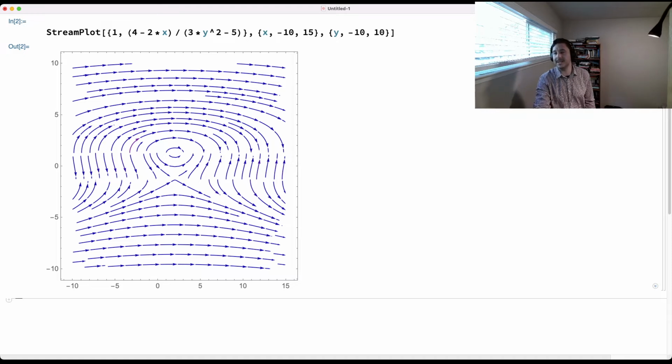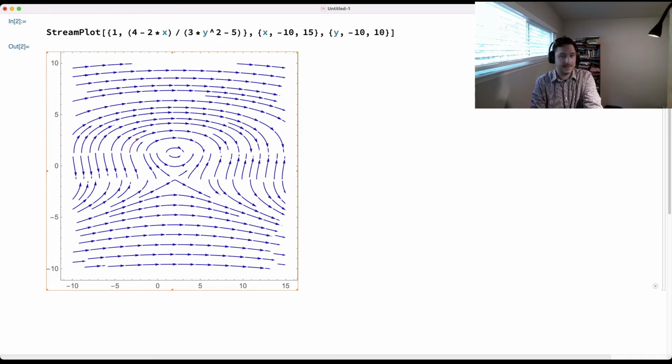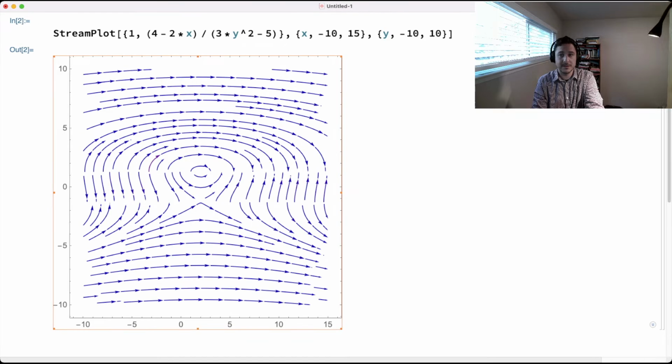So looking at this, you get this like weird sort of keyhole here. And we're going to talk about what's going on. So let's copy that graphic and we're going to switch back over. So one second while I paste the graphic over so we can analyze it. And we'll return.